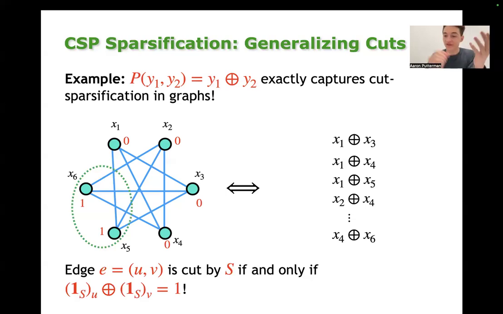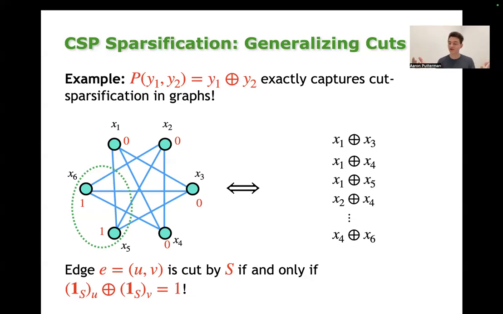Consider, for instance, the edge that goes between vertices 2 and 6. This is a crossing edge: it goes from S to S bar, it leaves the set S. At the same time, when we consider the assignment which is the indicator vector of S, variable x6 is set to 1 and variable x2 is set to 0, so the XOR between the 2 variables evaluates to 1.